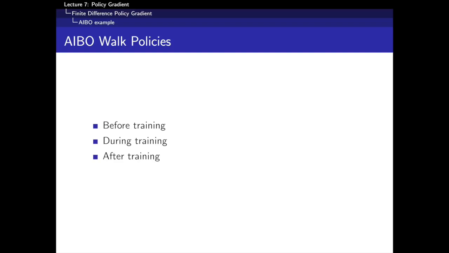This thing is really dependent on the ground which it's on, and it tends to slip an awful lot. And over time, it starts to learn something a little bit better. This one.